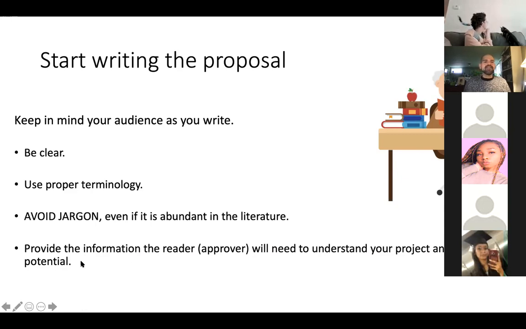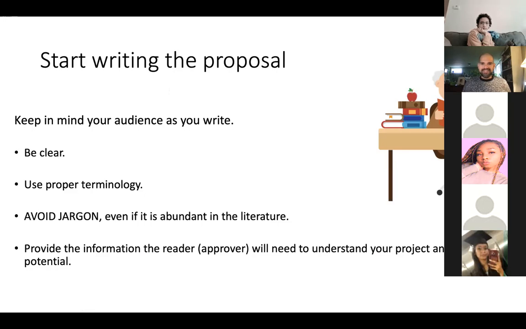No? Okay. So to start writing the proposal, that was all before starting. Now it's once you are actually writing. The first thing you have to do is keep your audience in mind. As you start writing, make sure that you're clear and that you use proper terminology. Please avoid using jargon like there's no tomorrow.